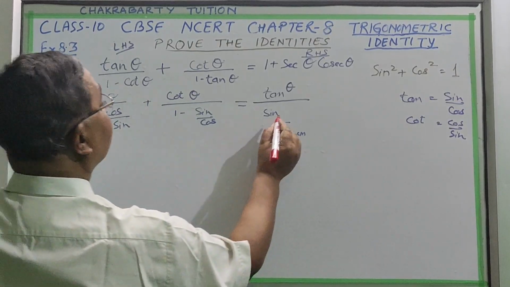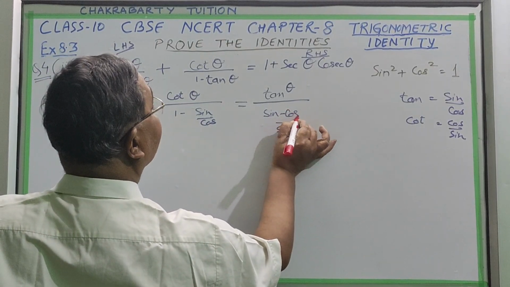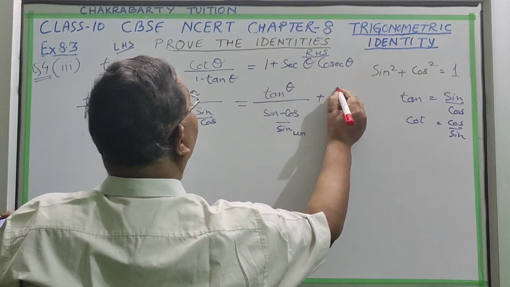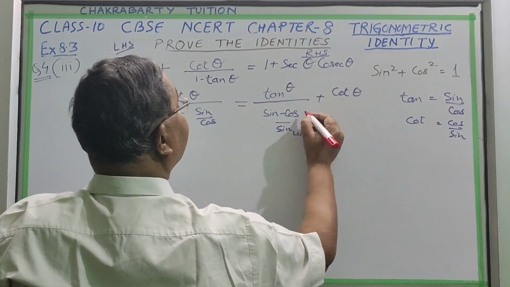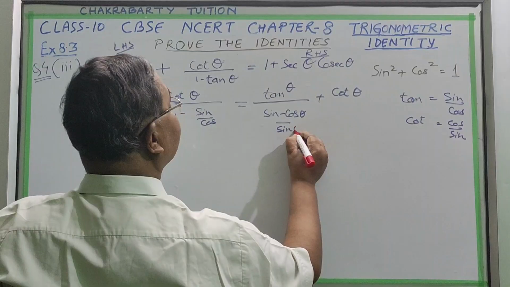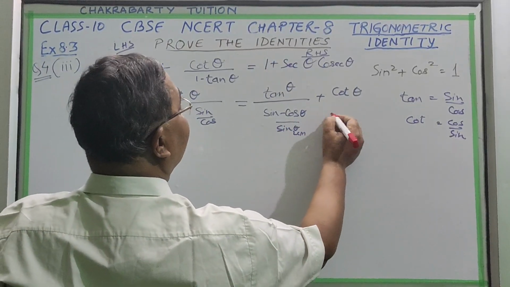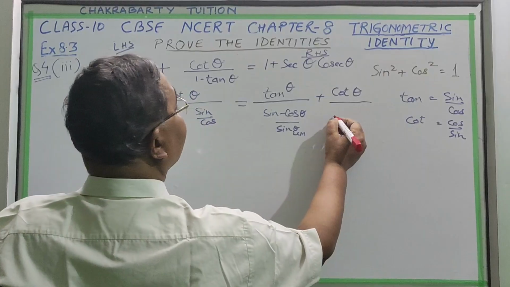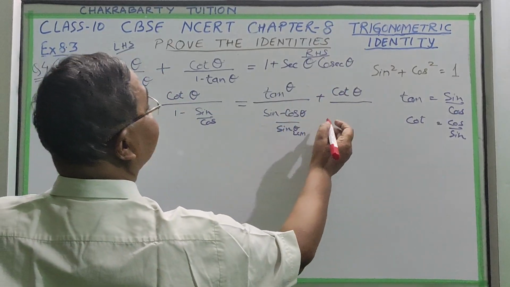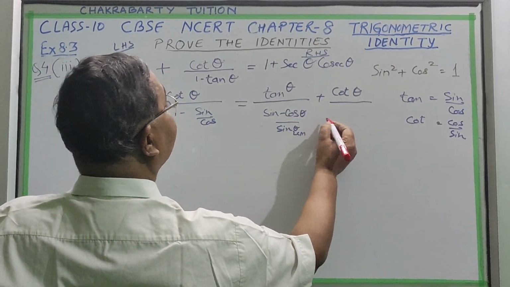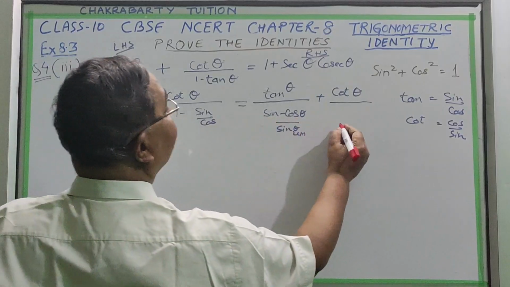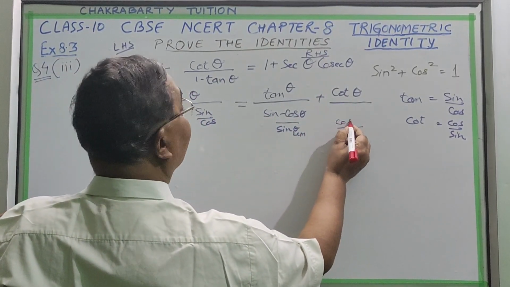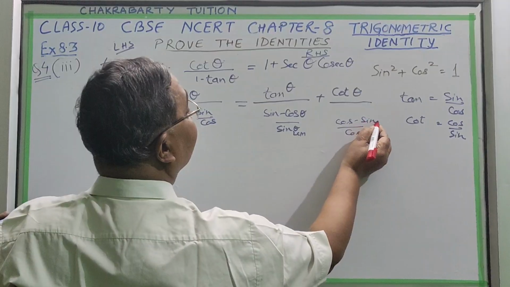Minus cos will remain. And plus on this side cot theta. If theta is missing, you presume theta is there, because sometimes to save time I don't write it, but you have to write it in every step. So here also we will take cos as LCM, and it will become cos minus sine theta.